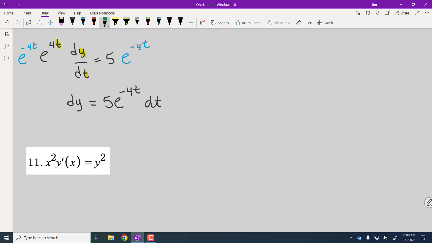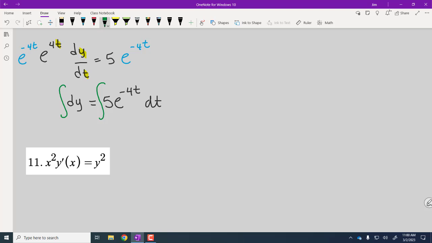And so here's the part that's interesting. This is a little different than the integral that we did before, where I said let's integrate with respect to t on both sides. Here we are saying integrate the left side with respect to y and the right side with respect to t.